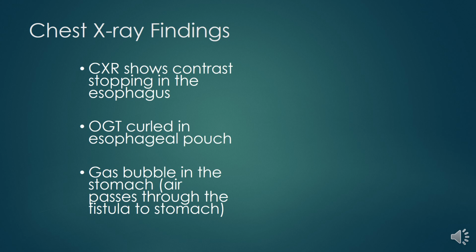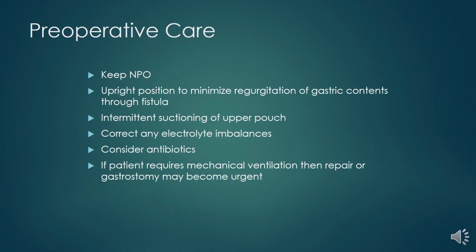The OGT curls in the esophagus, and the gas bubble in the stomach passes through the fistula. One has to keep the patient nil by mouth in an upright position to minimize regurgitation of gastric contents, with intermittent suctioning, correct any electrolyte imbalance, and consider antibiotics.